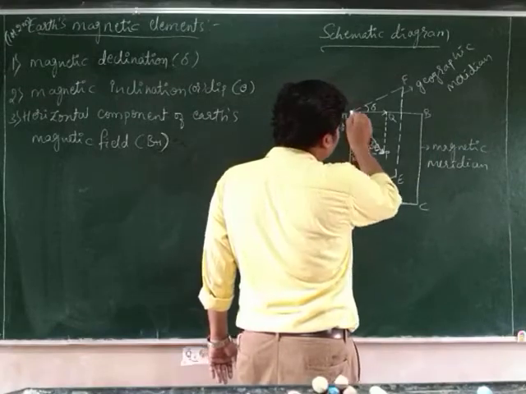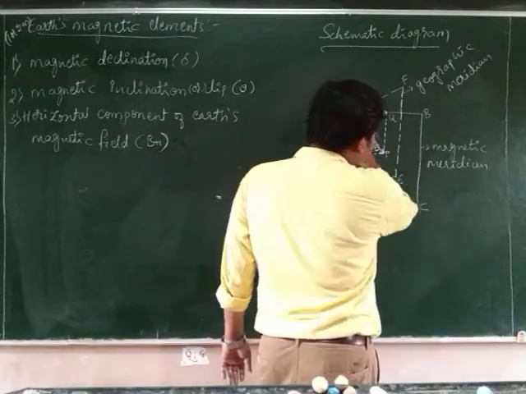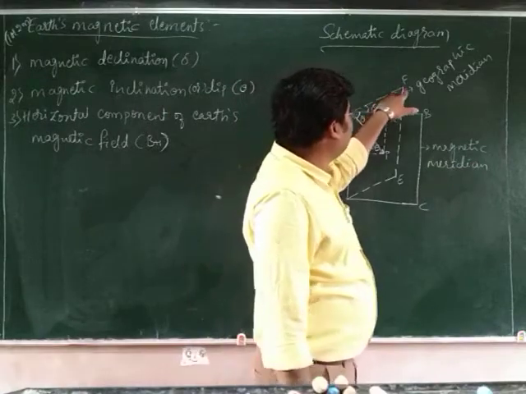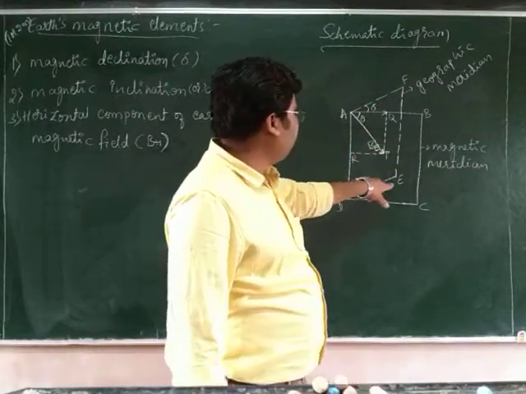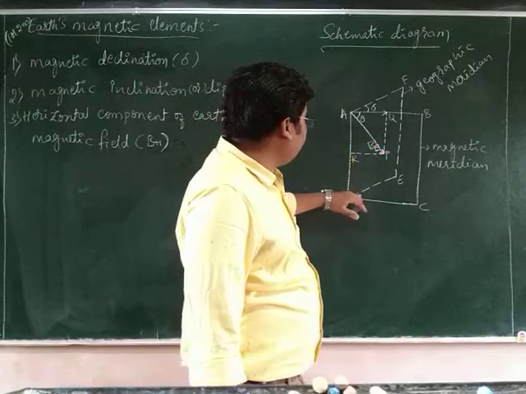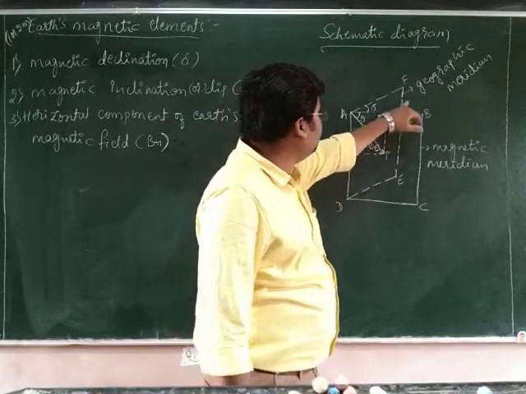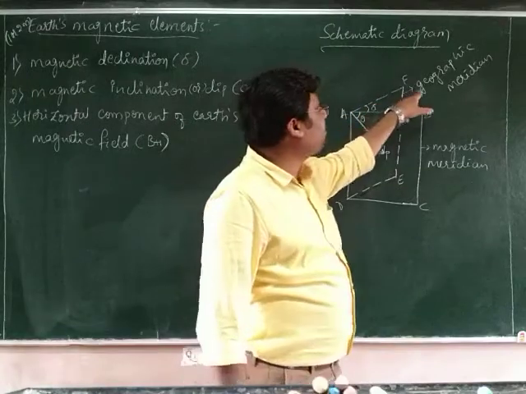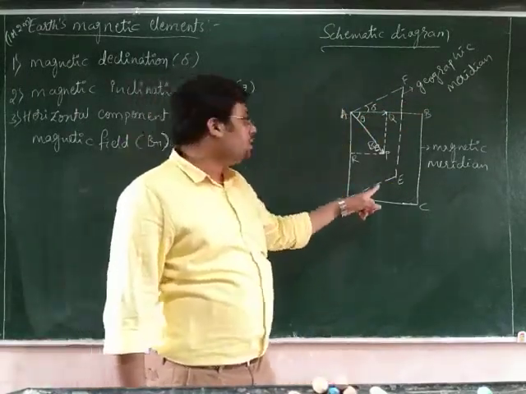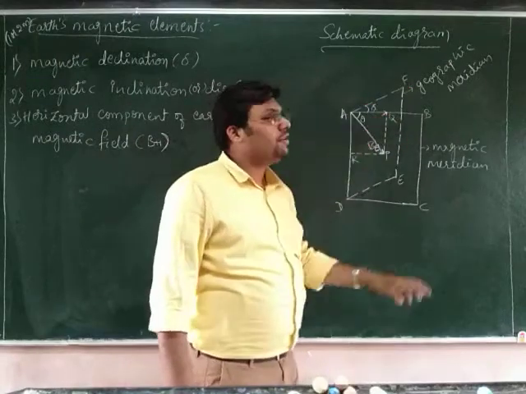The uncut rectangle is the magnetic meridian, and the dotted lines indicate the geographic meridian.